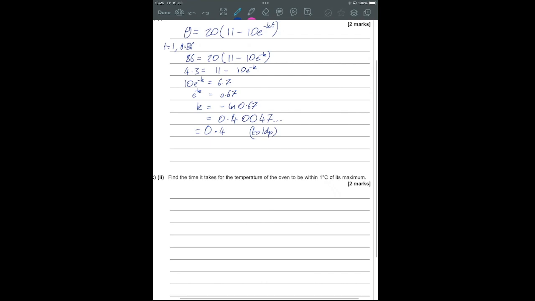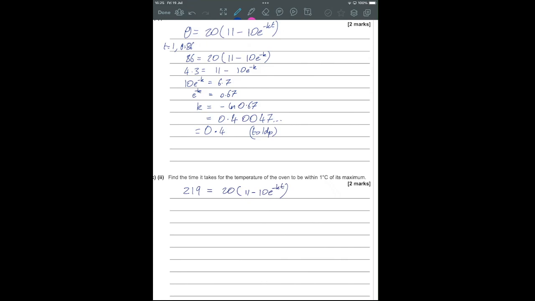Find the time taken for the temperature of the oven to be within 1 degree of its maximum. So its maximum was 220, so we now want to try and find 219. And I'm going to leave this as k up here and use the answer button in my calculator eventually, or the exact value more likely.